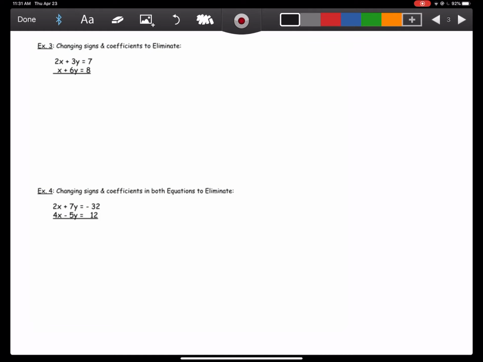Okay. Example number 3. I'm going to move a little faster here. So with this one, I'm going to multiply the bottom equation because I see that my x's I could easily change them. So I'm going to multiply by -2. So we have top equation stays the same.